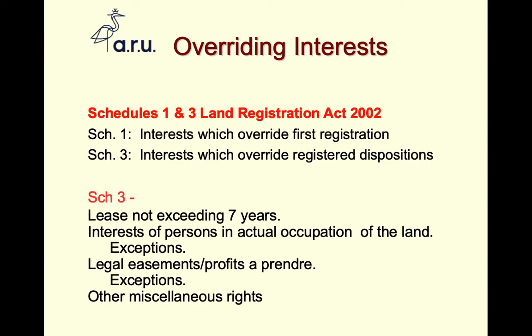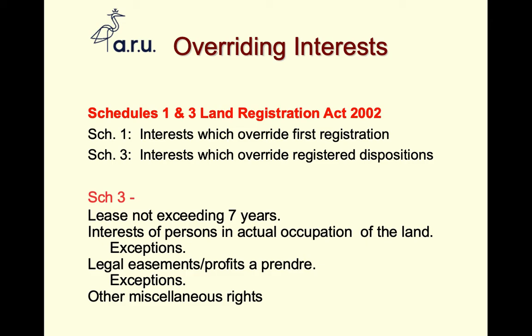If it was under 7 years, it could have been entered as a notice under Section 32. However, if it was under 3 years, it could not have been entered as a notice under Section 33. So Schedule 3 is a way for that interest to still be recognised and exist and override future purchasers.